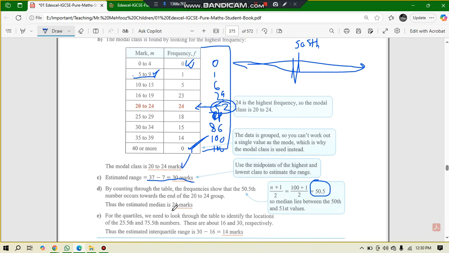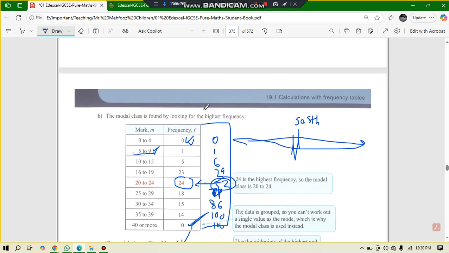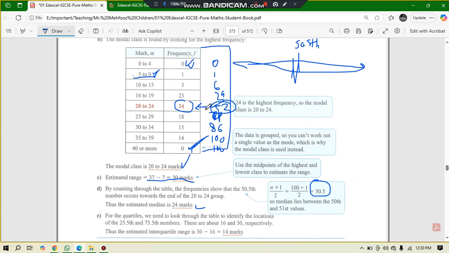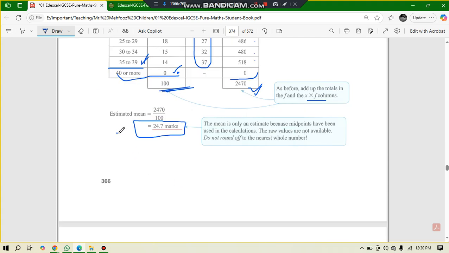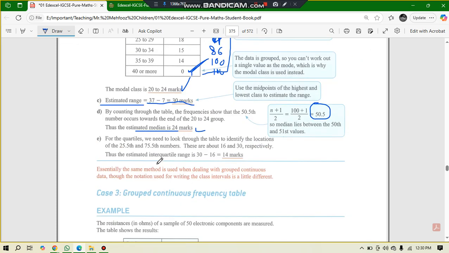Thus the estimated median is 24 marks. Understand? It is not exact, because this is grouped data, and with classes we have only estimates: estimate of range, estimate of median, estimate of mean, right? So we do not have the exact value, we have the estimate.